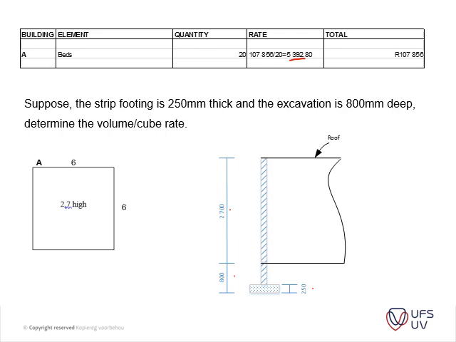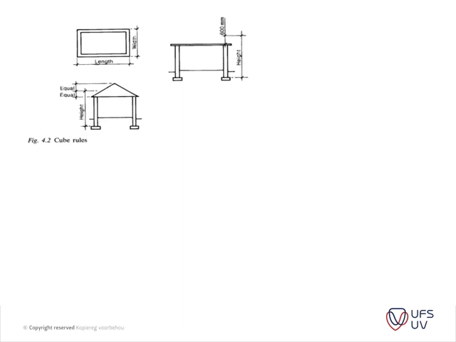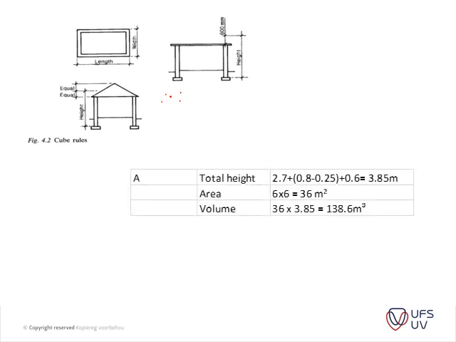Now we need to calculate our cube, volume and rate. On the next slide, remember this. I think you guys will remember this by now. I've mentioned this a couple of times, so please have a look at these rules.